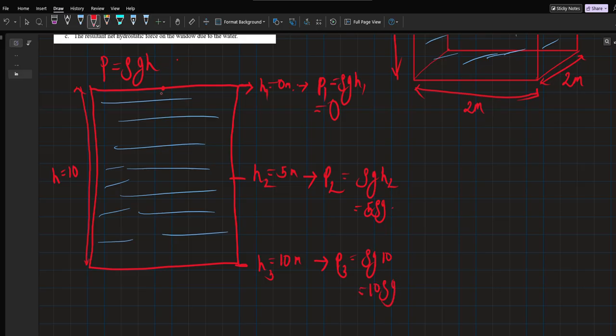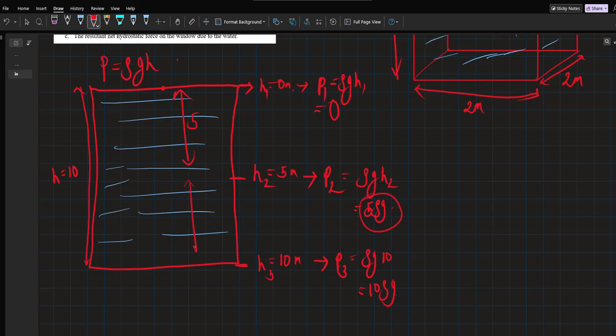As you can see, as the height increases, pressure increases. At the top, there is no water above this point, so the hydrostatic pressure at the top of the tank is 0. At the middle, we have around 5 meters of water column, which is why the pressure is 5 rho g.